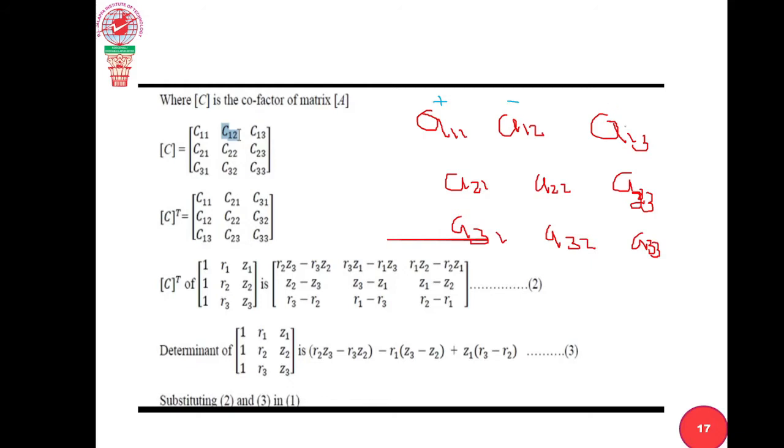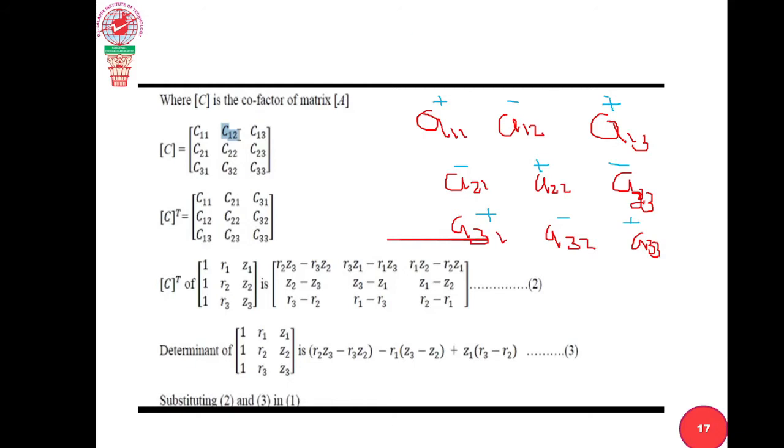And here, 3 plus 1: plus. 2 plus 1 how much? 3, so this is minus. 3 plus 1, this is plus. Correct. First you have to understand this basics of sign convention. To find the adjoint of a matrix, first you should know the sign convention. All of you clear on this sign convention?